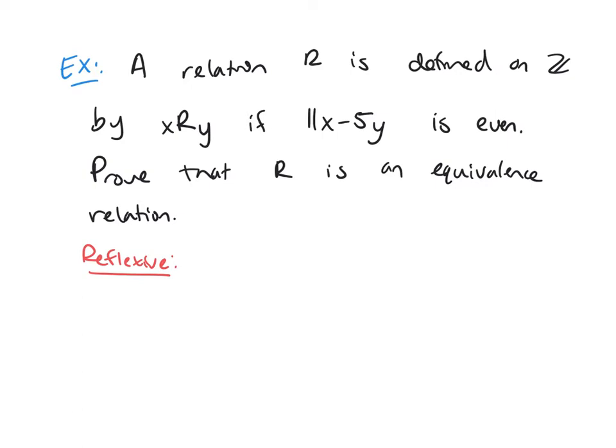So let's say I take an arbitrary element A out of Z, and why is A related to itself? Well, if I want to say that A is related to itself, I need to say that 11A minus 5A is even.